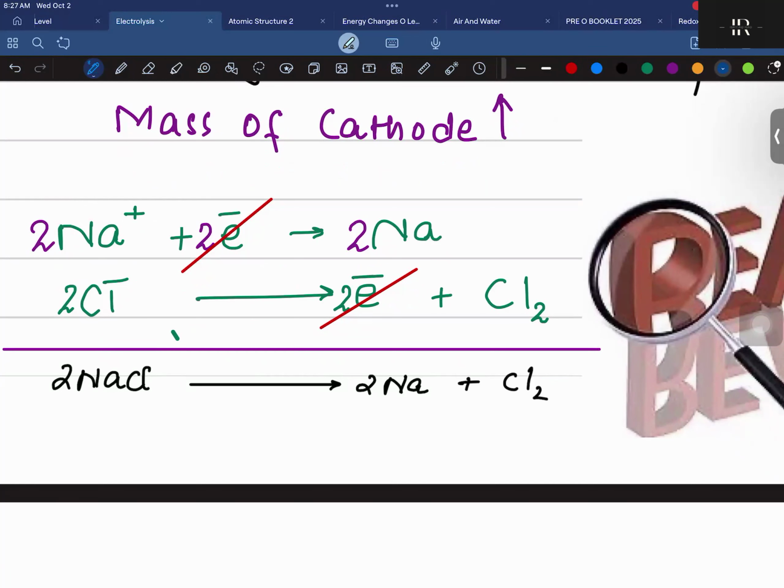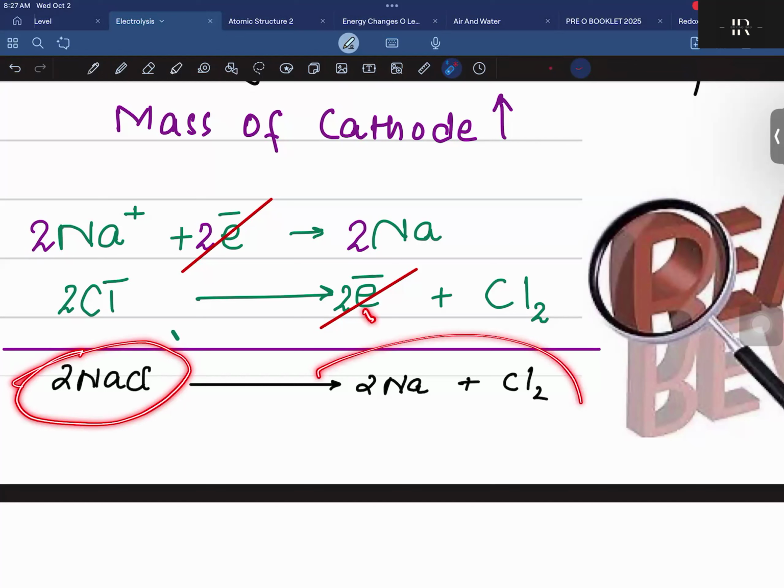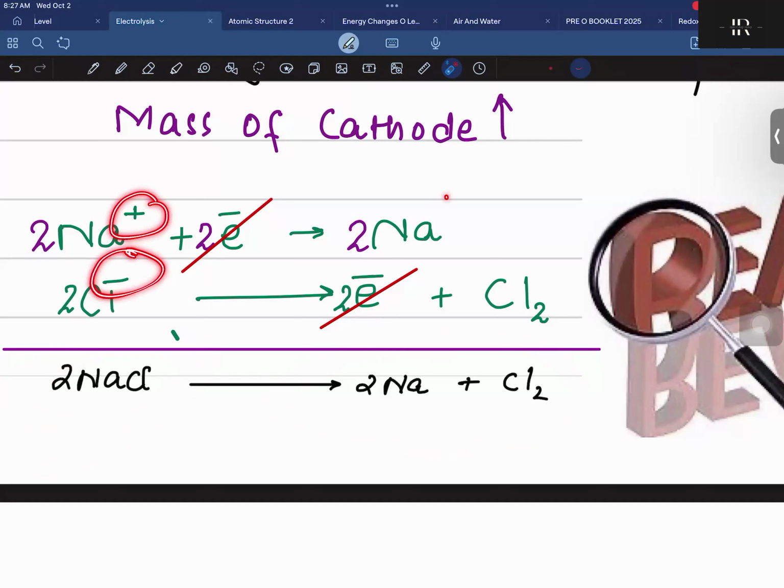Most of the students ask, sir, why did you write like this? Why aren't you going to attach them in the product side just like that? Beta, these have charges. There is no charge here. They are neutral. Why am I going to attach this? Charges attract each other, not the neutral ones.